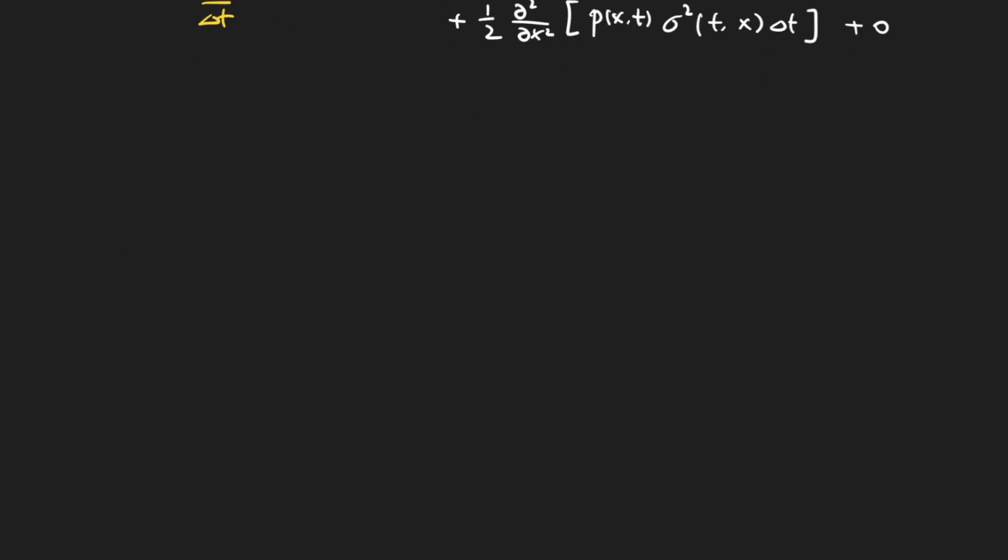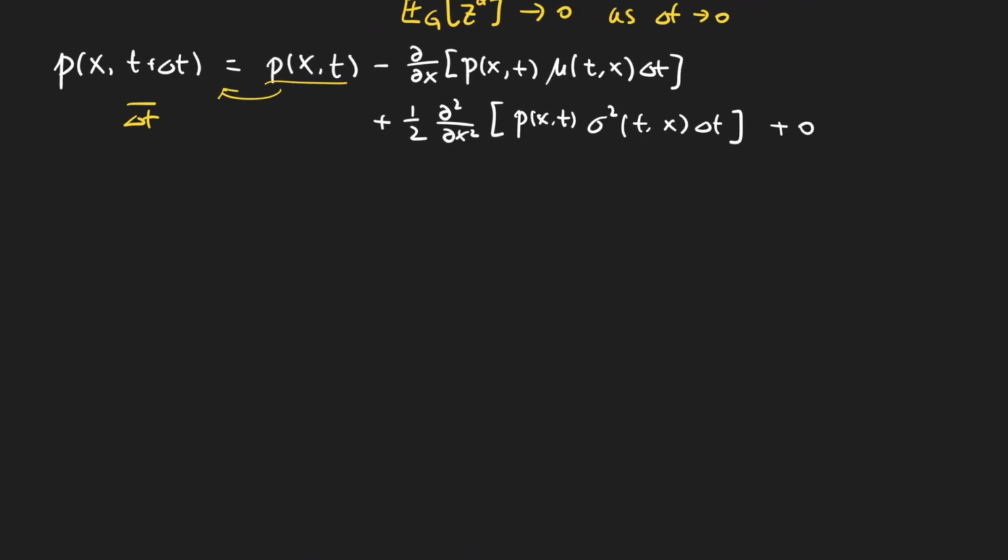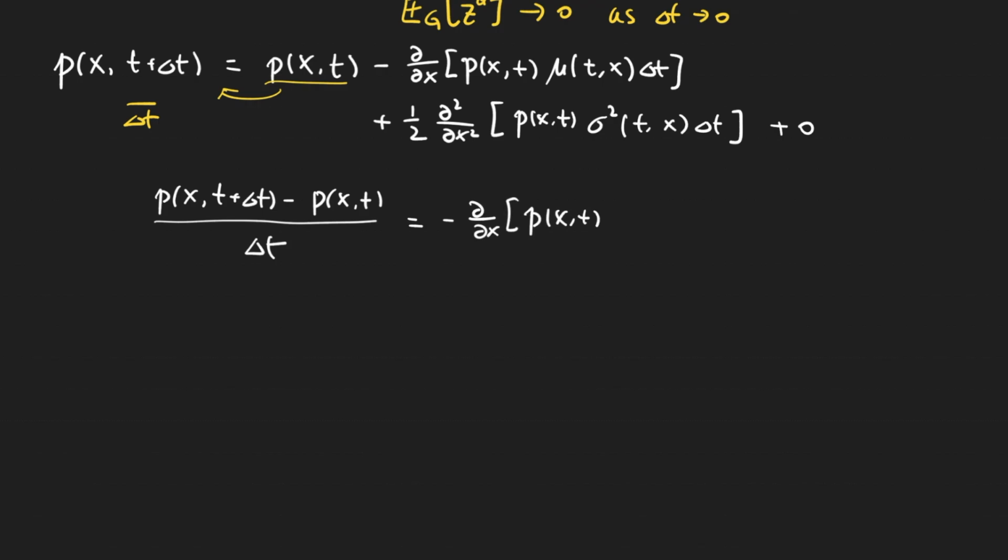So what we get is p(x, t plus delta t) minus p(x, t) over delta t equals minus the first derivative plus a half the second derivative.